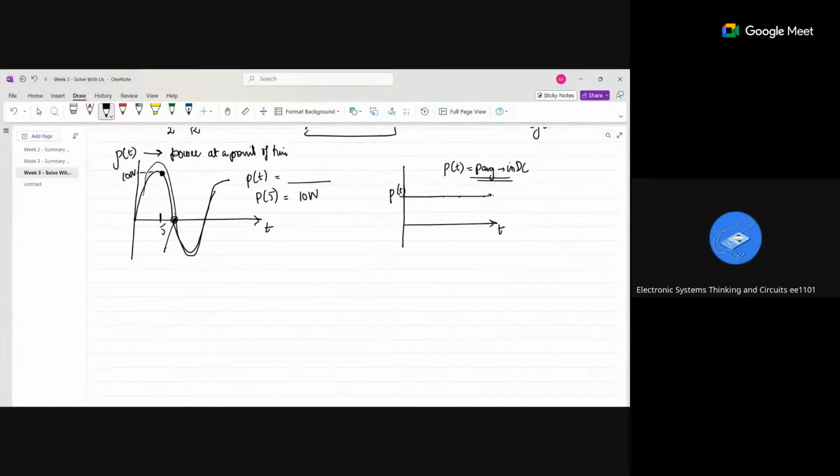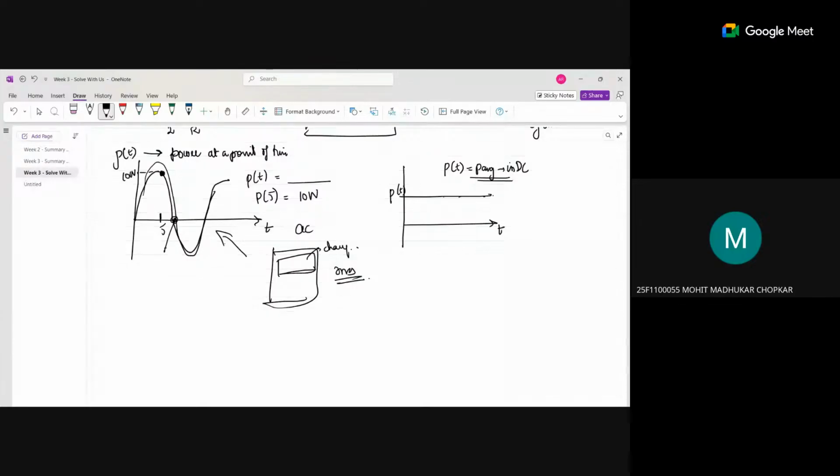If I am having a device to measure this voltage, the instantaneous voltage is changing fast, so what I will be finding is the average voltage or something. That I call root mean square.